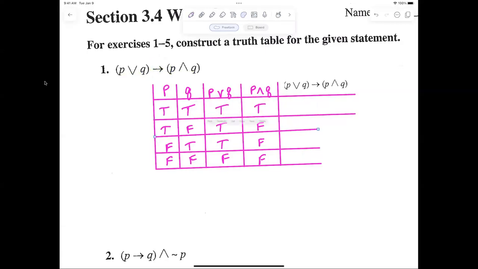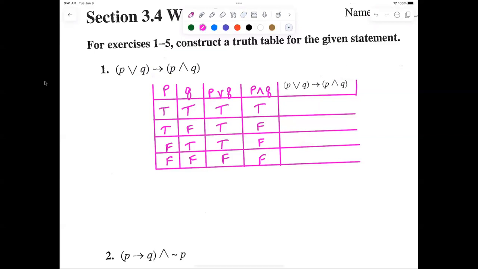I'm fixing mine so it looks good. Vertical line here. All right.